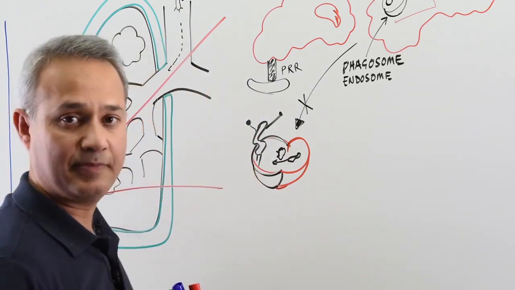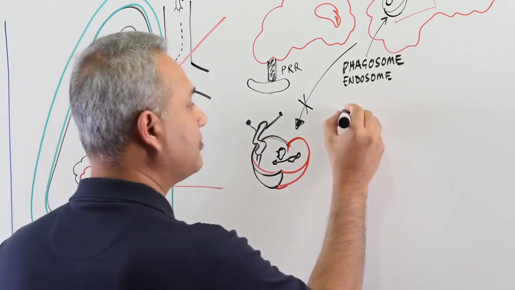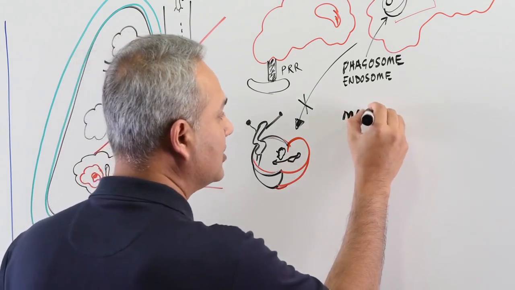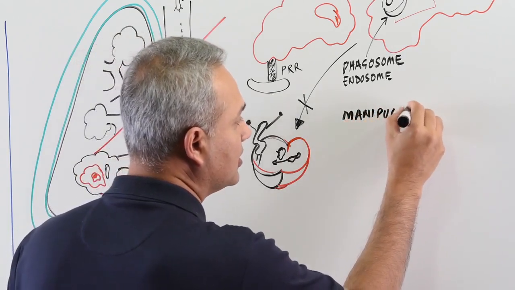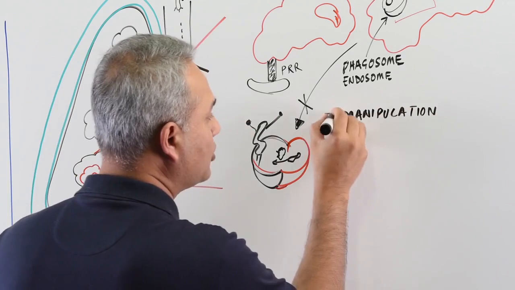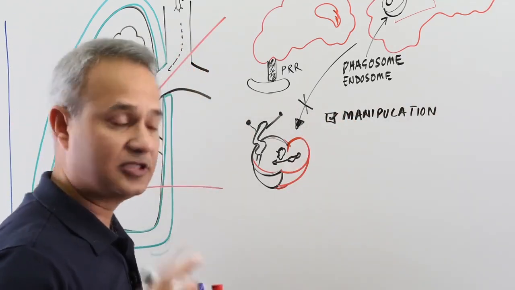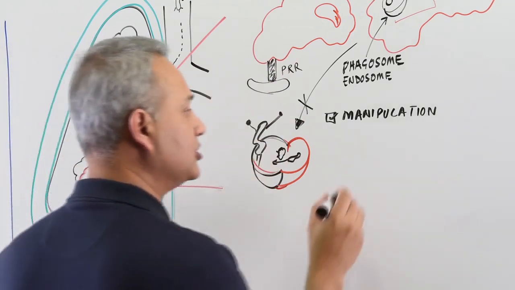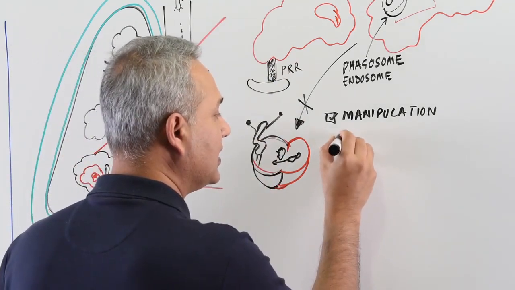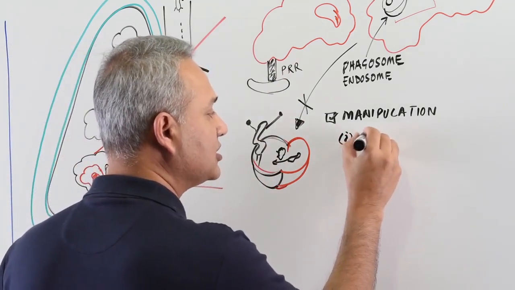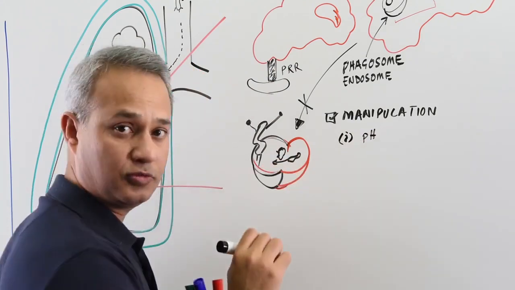Now, why does this not happen? It doesn't happen because of a step called manipulation by the Mycobacterium tuberculosis. What does Mycobacterium tuberculosis do? Number one, it causes pH manipulation in the phagosome.